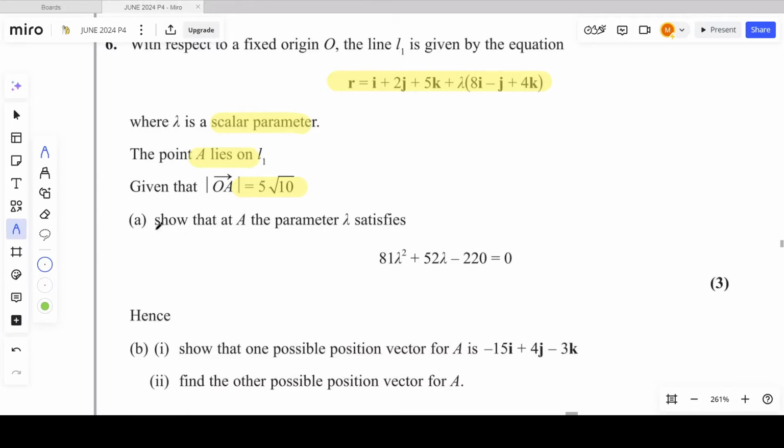The first question, part A: show that at A the parameter lambda satisfies this equation. We need to show that.